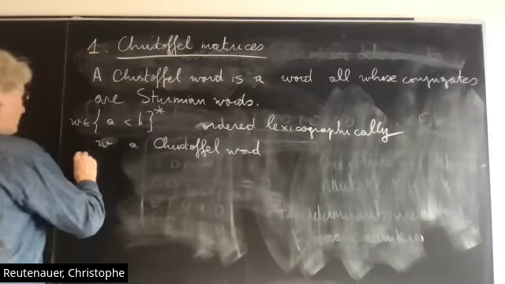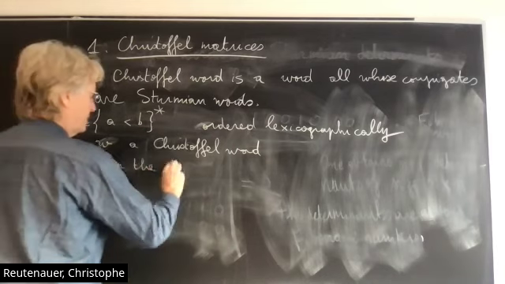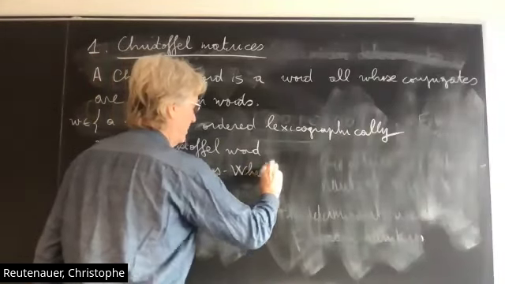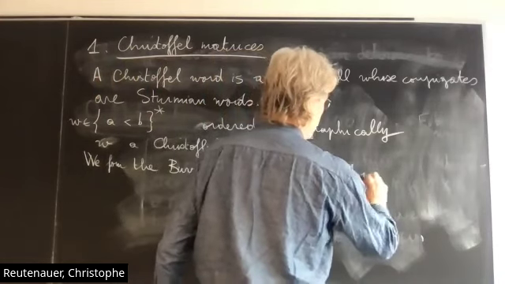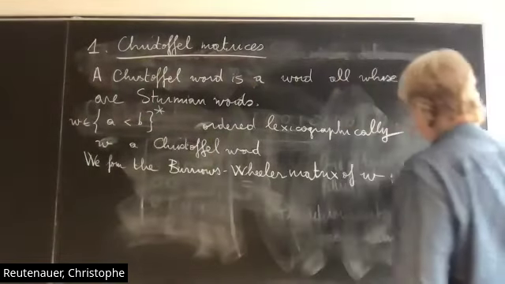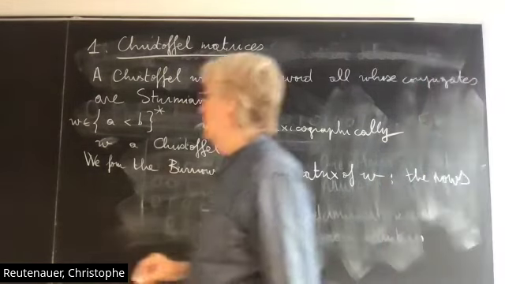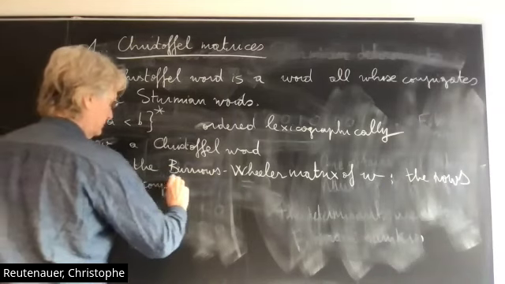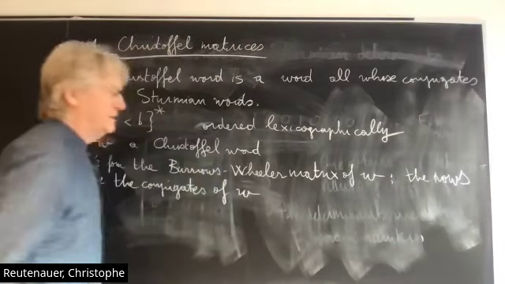And then we form the Burrows-Wheeler matrix or table of W, whose rows are the conjugates of W in decreasing order.